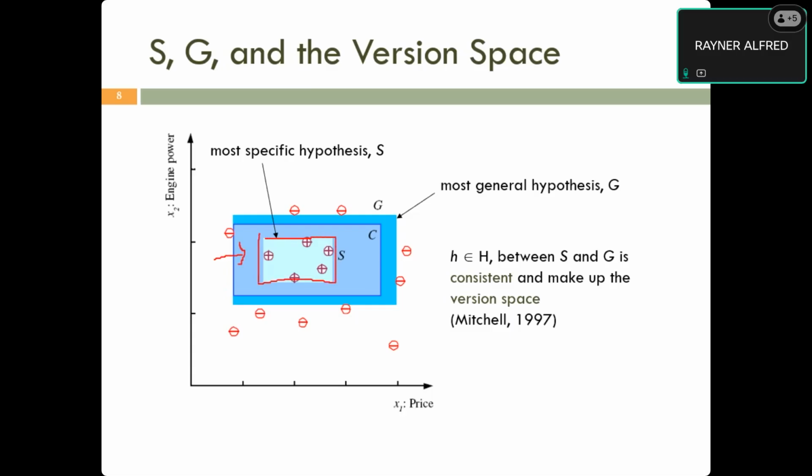Or I can go as general as possible. So the estimation is this big. Okay. So when we say we train the model, basically we want to maximize the matching between the actual and also the hypothesis.